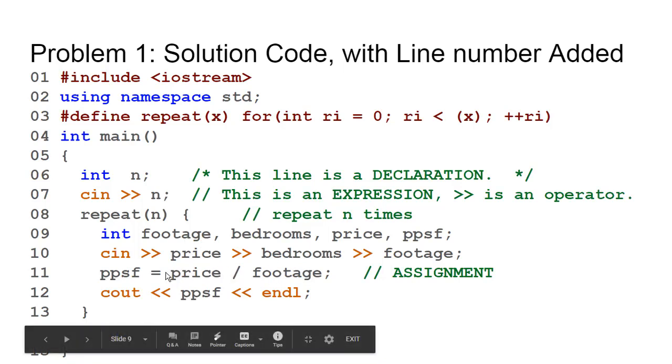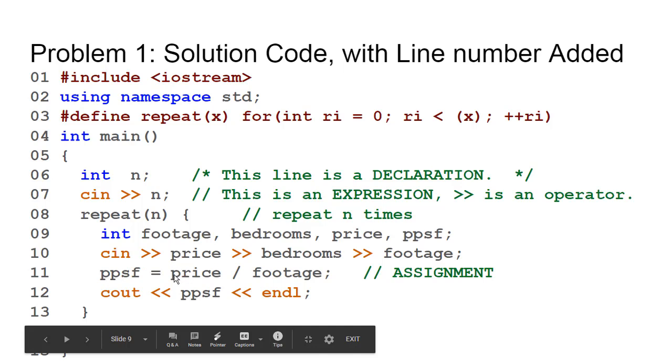So that's an expression, and this equal sign is actually also an operator, and this whole thing is also an expression. So PPSF equals price divided by footage is also an expression. The equal sign here is called the assignment operator.